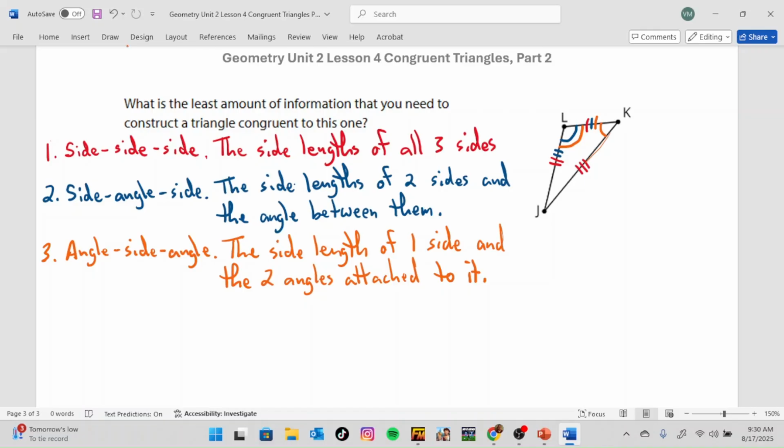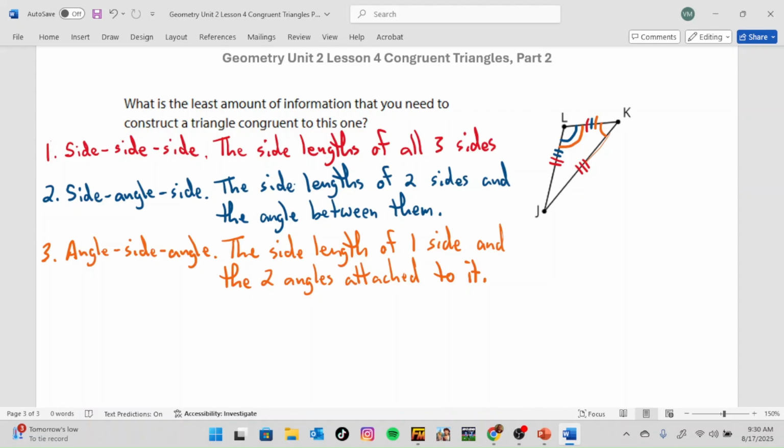And I can just draw these two lines until they cross at point J, in which case I would have my congruent triangle.